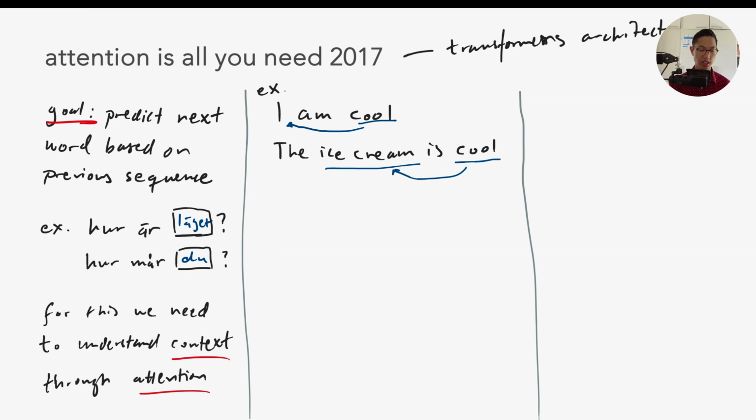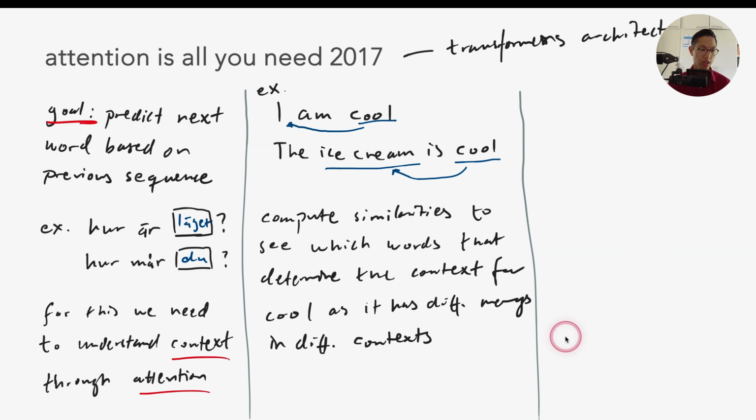This is where the attention comes in. It goes away from what was previously used a lot, RNN, recurrent neural networks, and removes that altogether. Here we compute similarities to see which words determine the context for cool, as it has different meanings in different contexts.